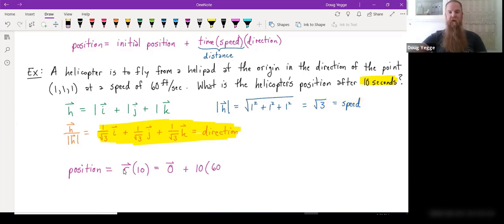I guess we should reiterate that this isn't really the speed of the helicopter. This is just the magnitude of that vector. And so the speed was given as 60 feet per second, times the direction, which is 1 over root 3 i plus 1 over root 3 j plus 1 over root 3 k.